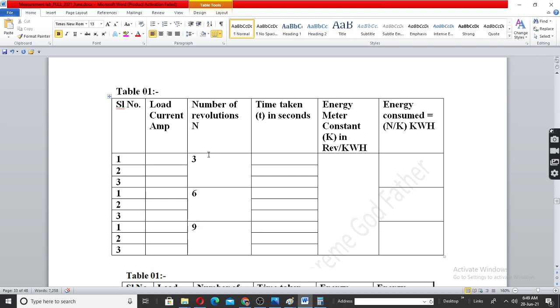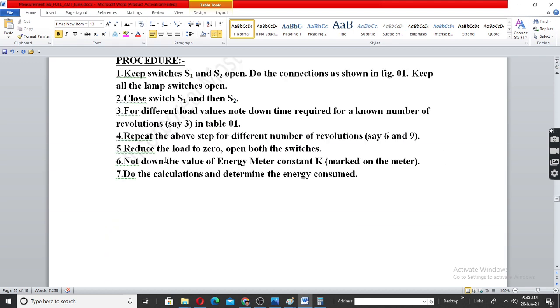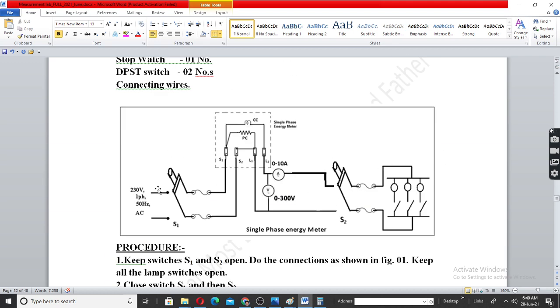So for 3 amperes, initially you will have everything open, all switches open. At the beginning of the experiment you will close S1 first and then S2.